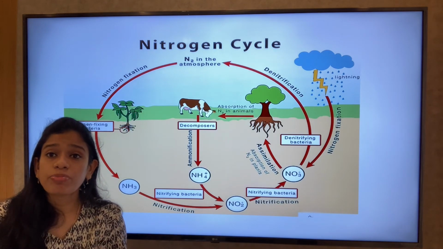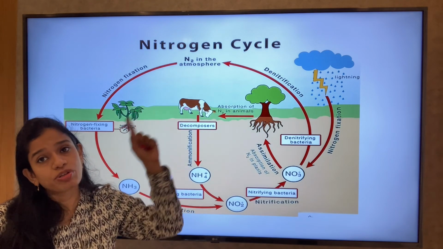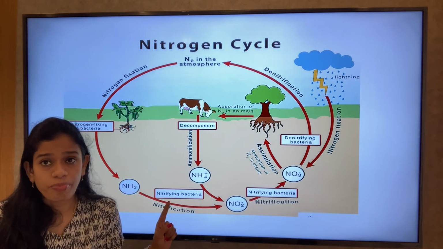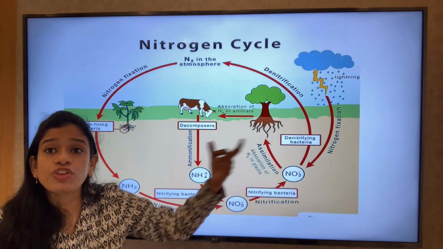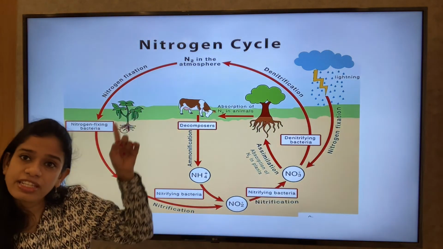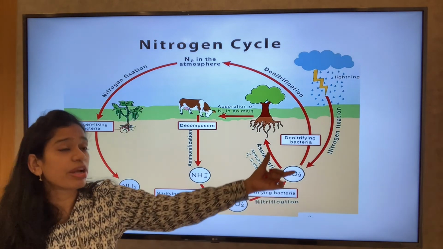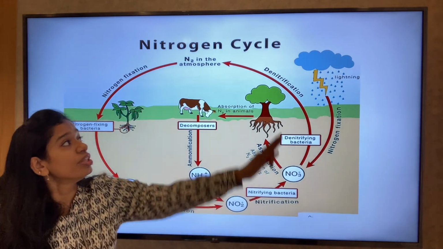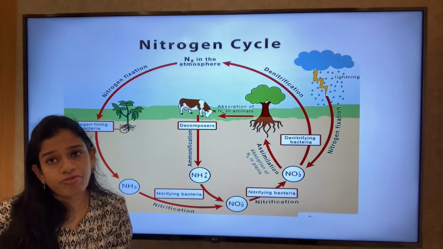again maintains the balance between the atmospheric nitrogen and the nitrogen which is used by the plants or present in the soil. So this bacteria and this bacteria are of huge importance. First, it converts the atmospheric nitrogen into nitrogen which is used by the plants, and this bacteria converts the soil nitrogen into the atmospheric nitrogen to maintain the equilibrium of the environment.